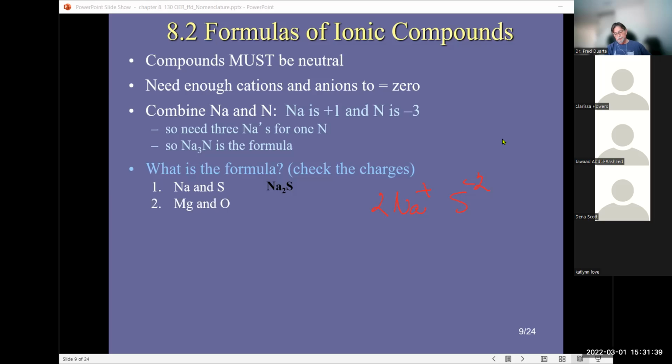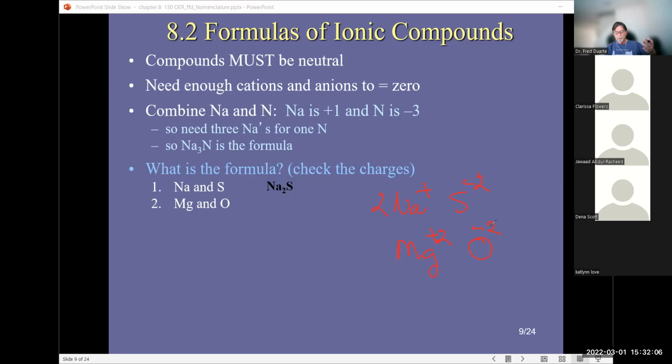All right, let's do this one. We have magnesium and oxygen. We go to find the magnesium, find out where it's at in the periodic table. It's a metal, it will lose electrons. Its new oxidation state is a +2. Okay, magnesium is number 12. Oxygen, like sulfur, becomes a -2. It's a nonmetal.